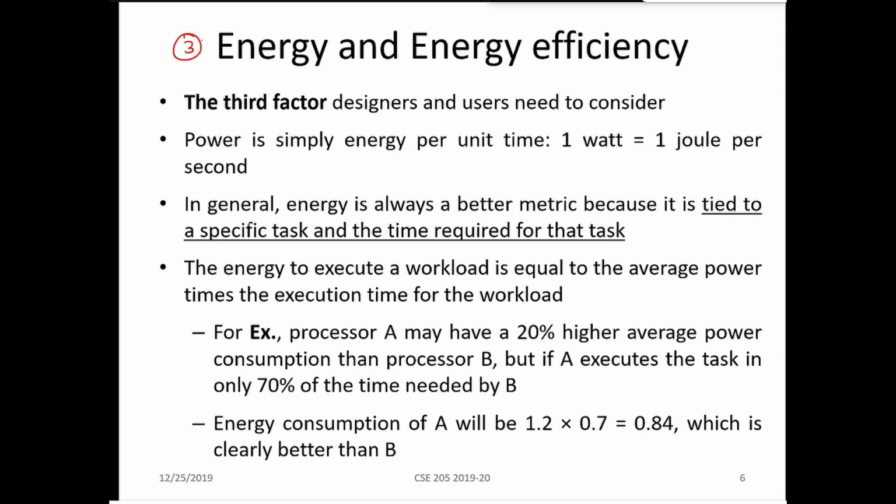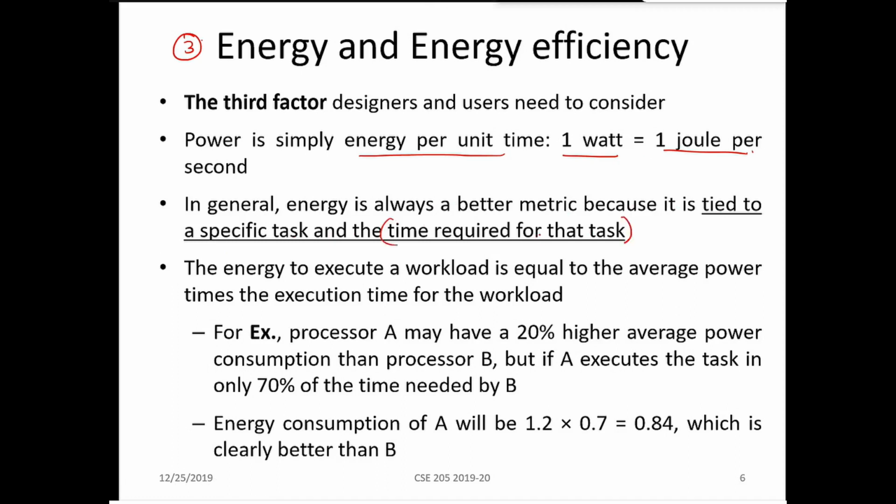Generally power is simply energy per unit time. So 1 watt equals 1 joule per second. In general, energy is always a better metric because it is tied to a specific task and the time required for that task.